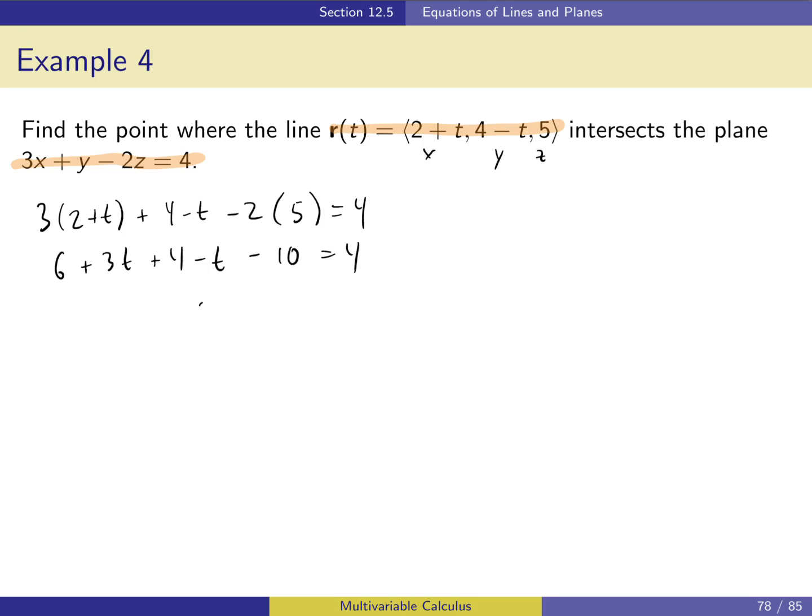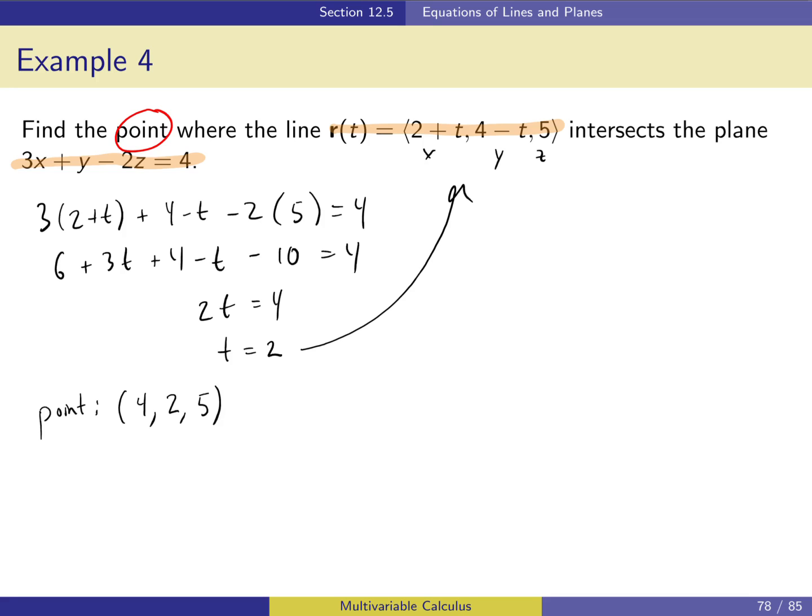On this side I have 2t plus 10 and minus 10 equals 4. I have t equals 2. Of course, we were asked to find the point, not the value of t, but that's not very hard. We just plug this back in to the equation of the line, and we'll have a point. So our point is going to be 2 plus 2 is 4, 4 minus 2 is 2, and 5 is 5. And that should lie on the plane.